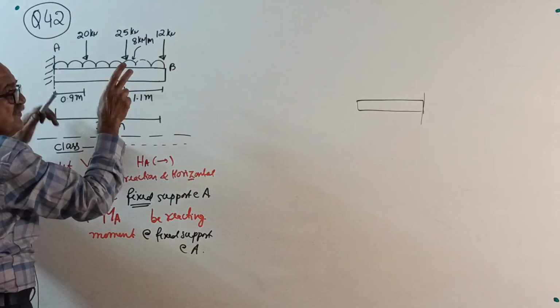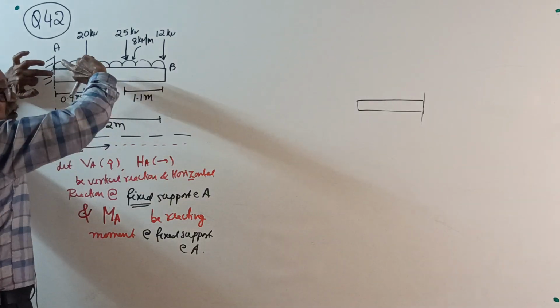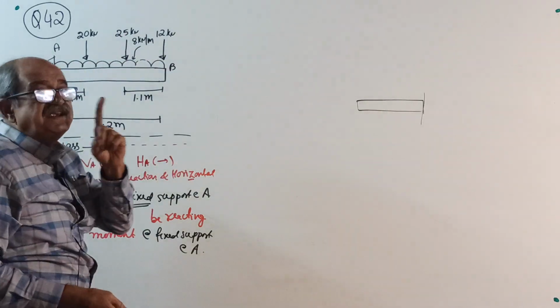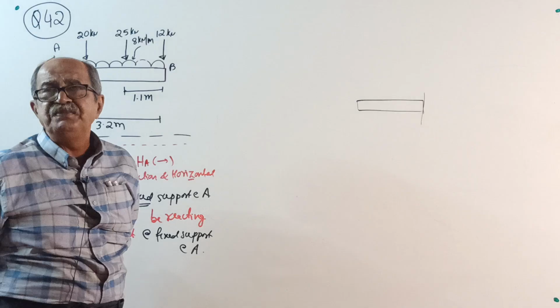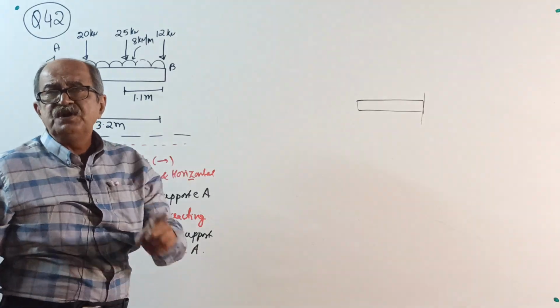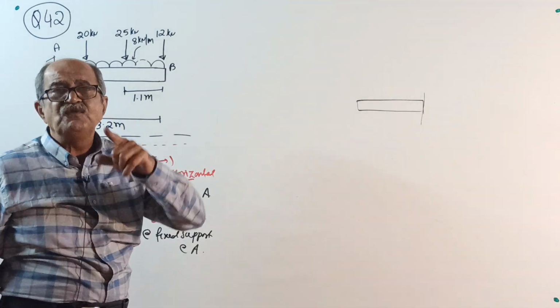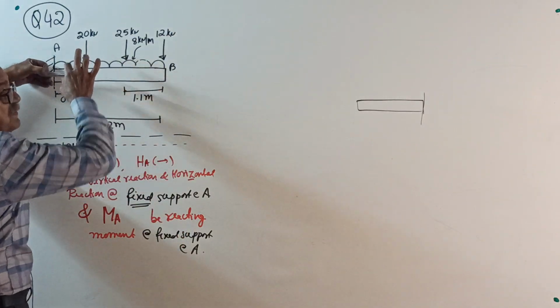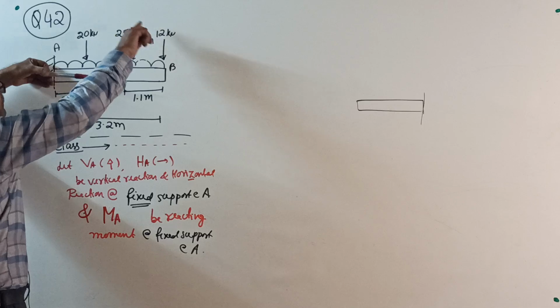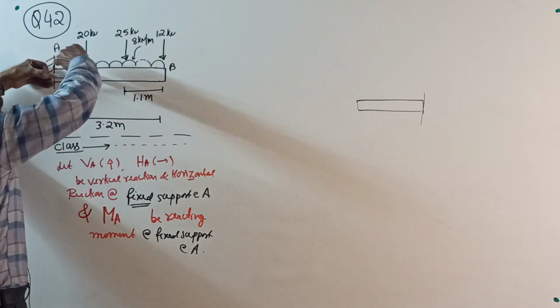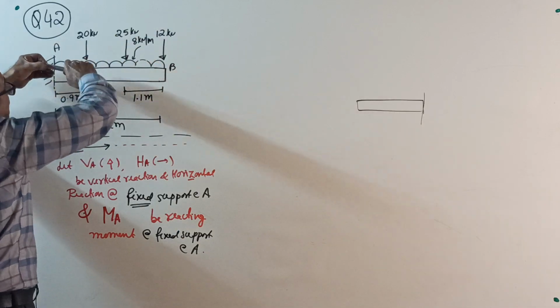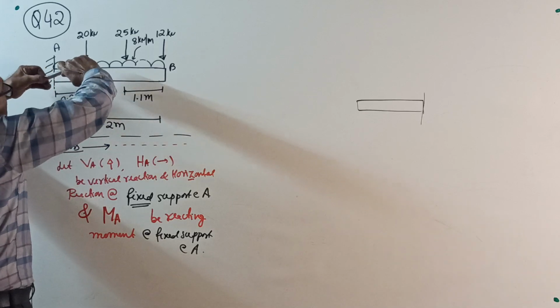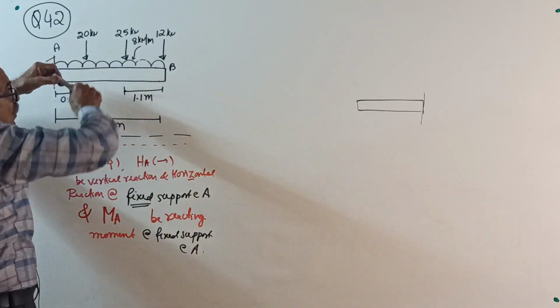You always consider the rotational effect about the fixed end. Never say A, left end, right end, or AB. Consider the rotational effect at the fixed end for the given loading. If you hold the fixed end here as a pin, all these loads will try to rotate the beam, free to rotate, in the clockwise direction.